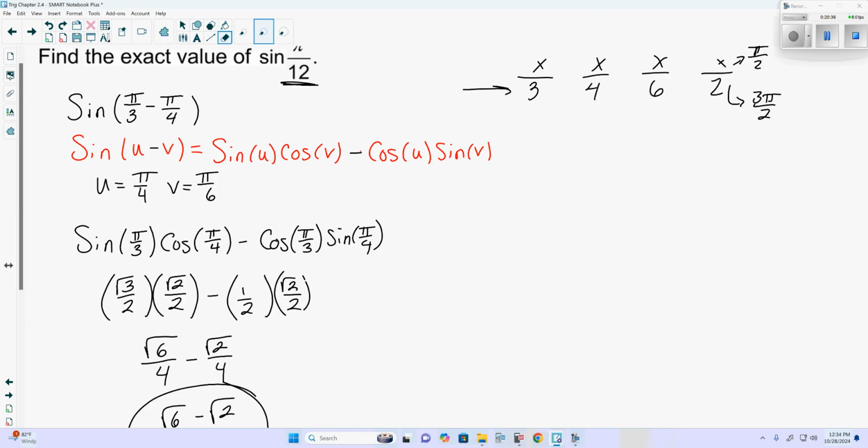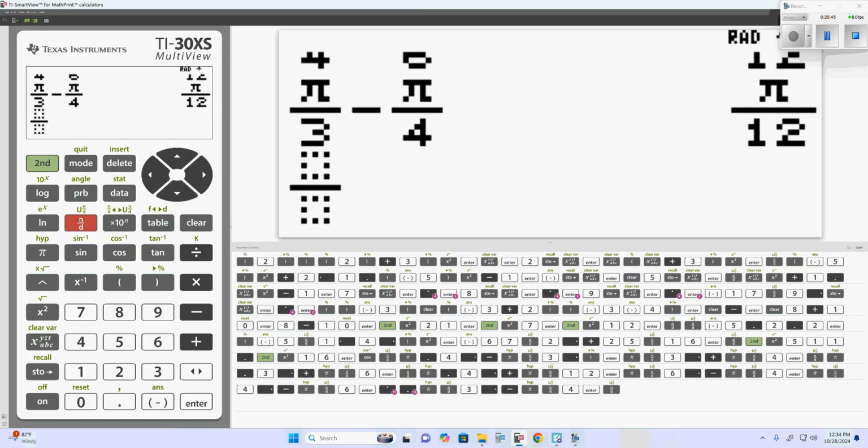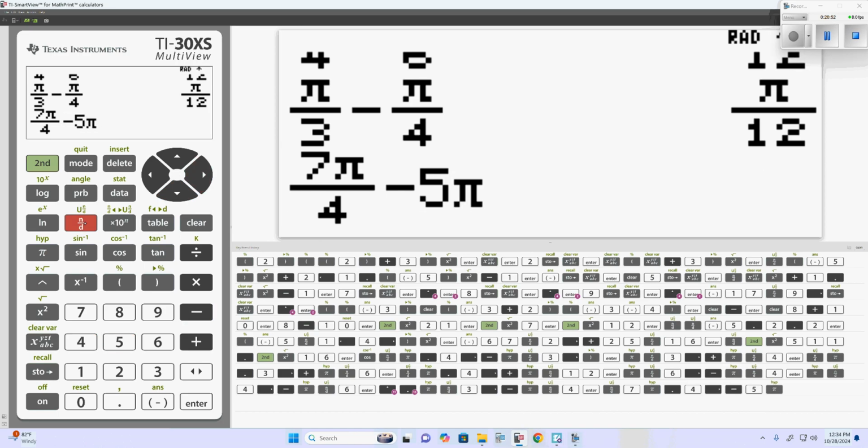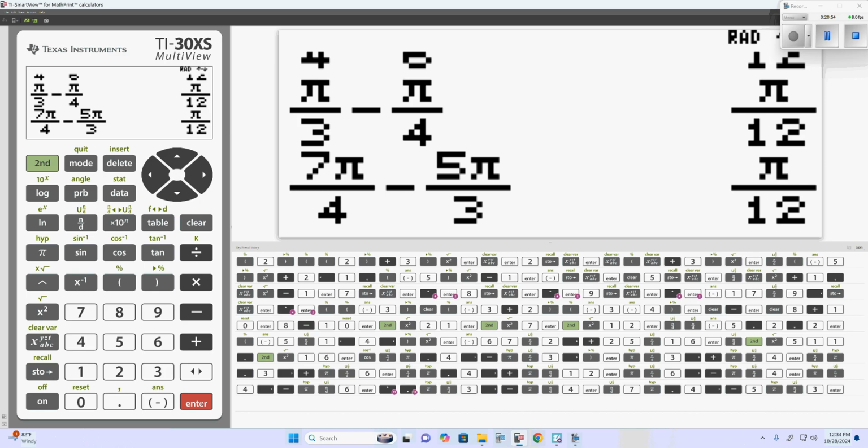Say, 7 pi over 4 minus 5 pi over 3 is also pi over 12. I just picked two other angles on the unit circle, so we could have done it with 7 pi over 4 and 5 pi over 3, and we would have still gotten the same answer.